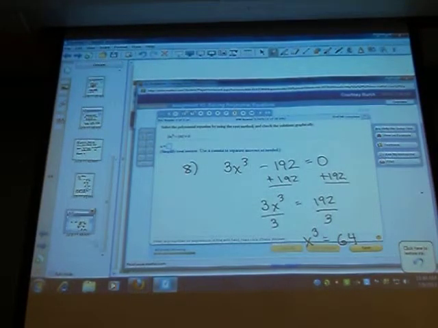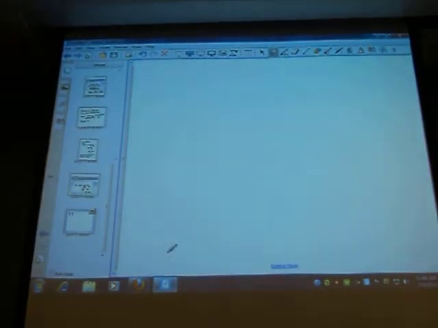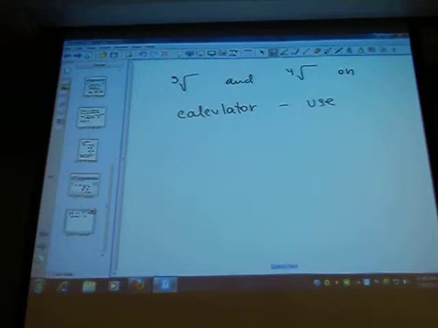Now here's where you guys probably don't know how to do this on the calculator. Okay? What you guys need to do, you want to use the button that has a root with an X over it. You guys should have a button like that.